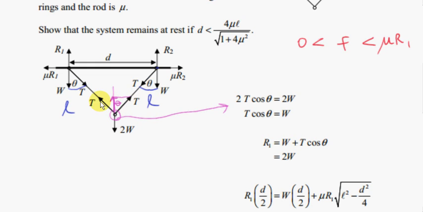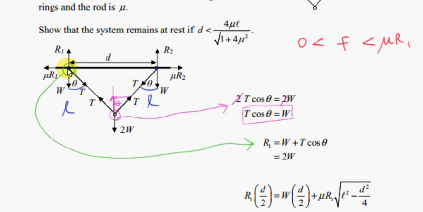And the component of this force in the vertical direction is also T cos theta. So we have T cos theta plus another T cos theta, that's 2T cos theta. And that must equal 2W for this ring to be in equilibrium. So we get T cos theta equals W.